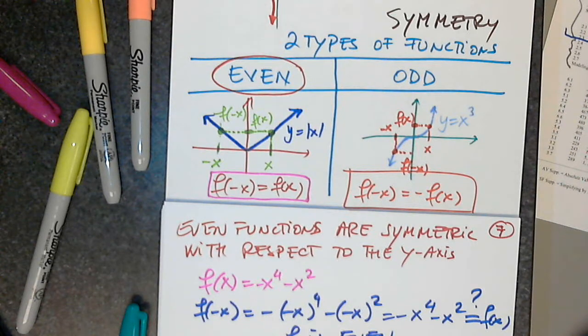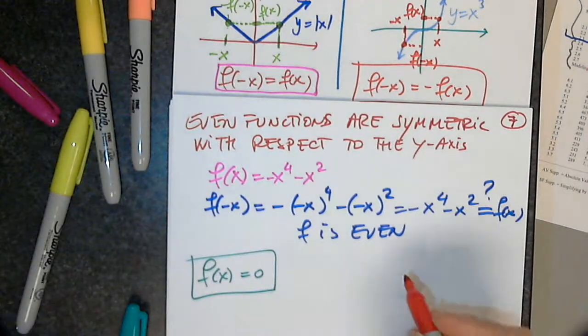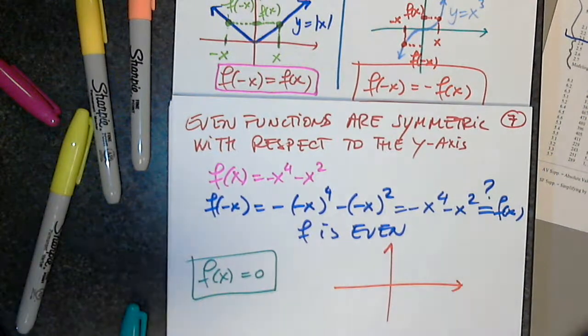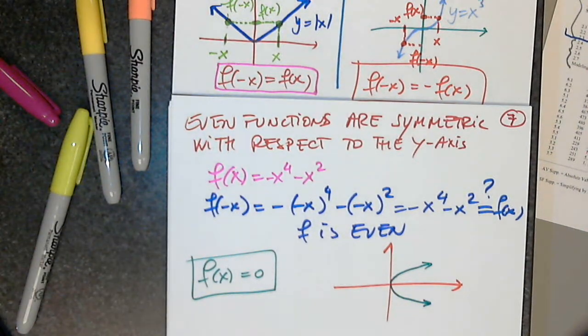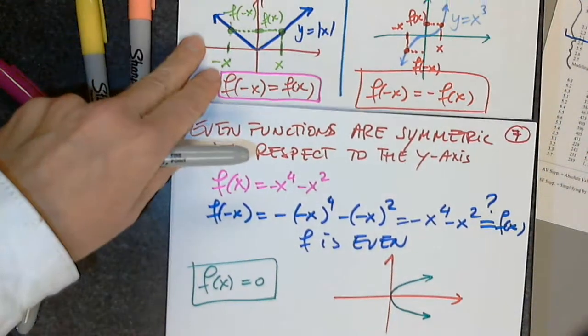If the function is symmetric with respect to the x-axis, is it a function or not? No. So an equation may be symmetric with respect to the x-axis, thank you for bringing that up. An equation can be symmetric with respect to the x-axis, but it's not a function. By the vertical line test, it's not a function. But it exists. Awesome.